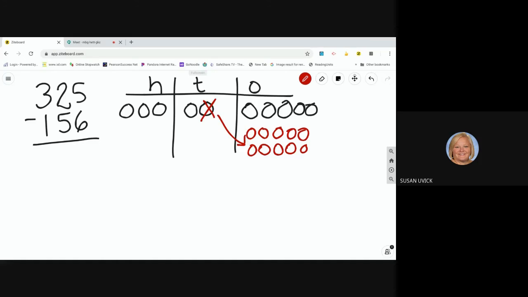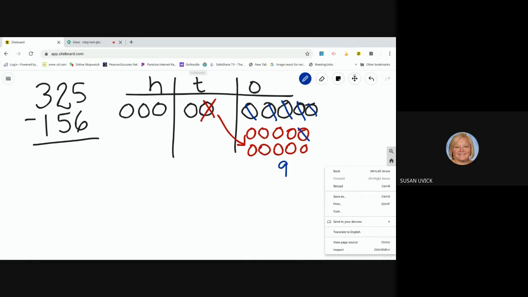All right, so now I can take away 6. Let's take away blue. 1, 2, 3, 4, 5, 6. Taking 6 away. How many do I have left? I have 9 left.